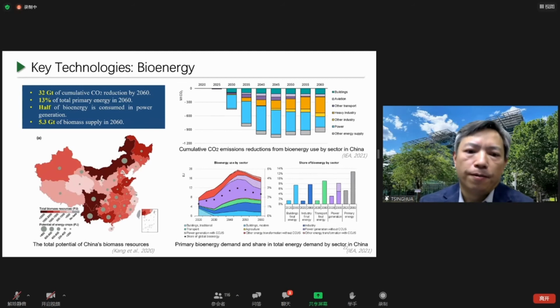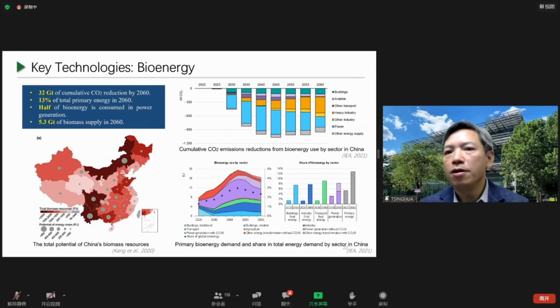Now, for bioenergy. Bioenergy is clean energy because its carbon dioxide emission is all from its life cycle fixation by photosynthesis. Therefore, we view bioenergy as a net zero emission energy in terms of CO2.